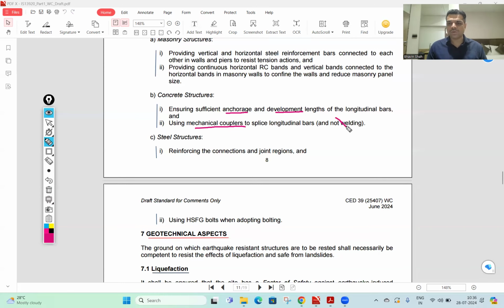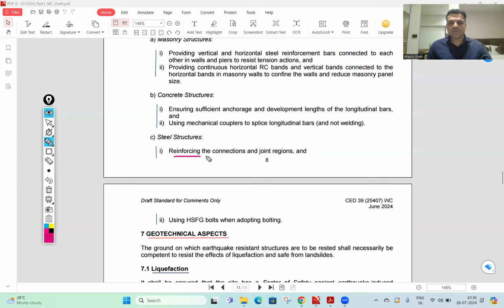And of course, no welding is permitted. That's a good statement which is made in the document. So now it is made very clear that welding is not permitted. Welding of reinforcement is not permitted as far as earthquake resistant design is concerned.